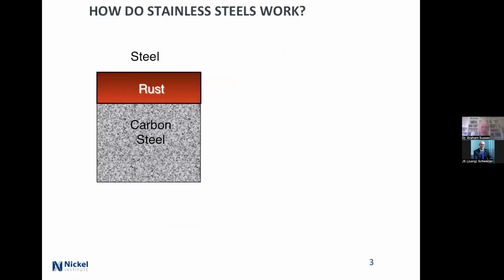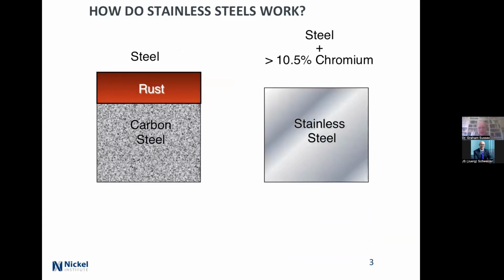Okay, why do stainless steels work? Unlike ordinary carbon steel, which gets wet with chlorides and rusts, and just keeps rusting until it falls apart, if you add 10.5% chromium, and that's the international definition of a stainless steel, then you get a very, very thin passive film on the surface, and that protects it.